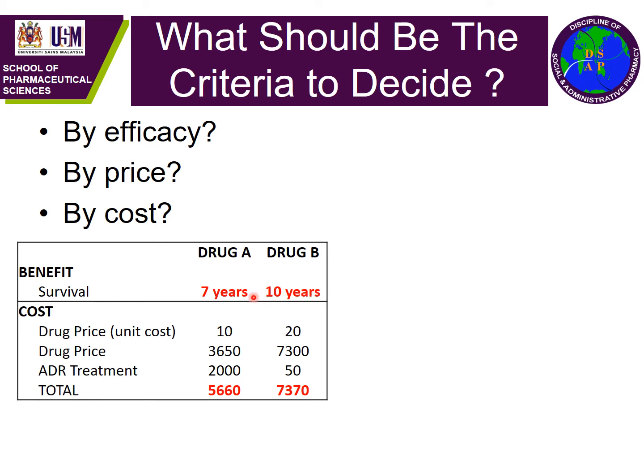Even though drug A is less effective than drug B, but because it's cheaper, and the ADR treatment is also higher compared to drug B, we need to make sure that the decision we make does reflect what is actually best for society.